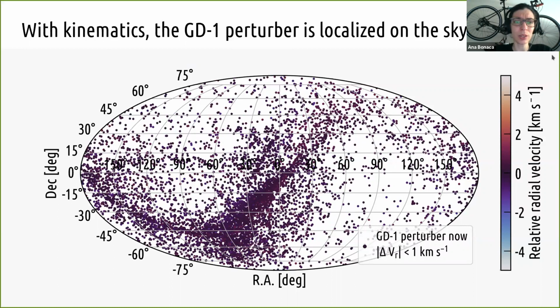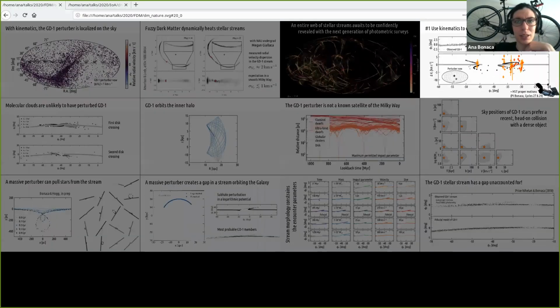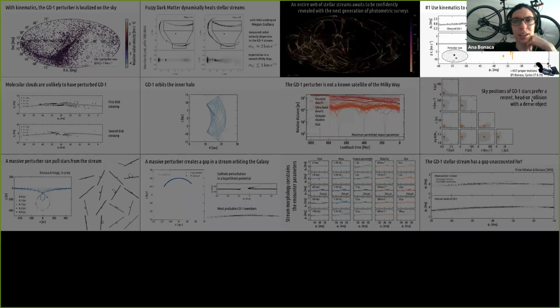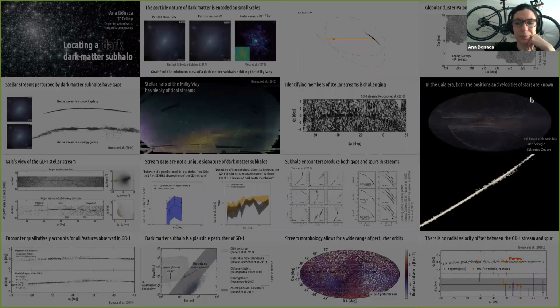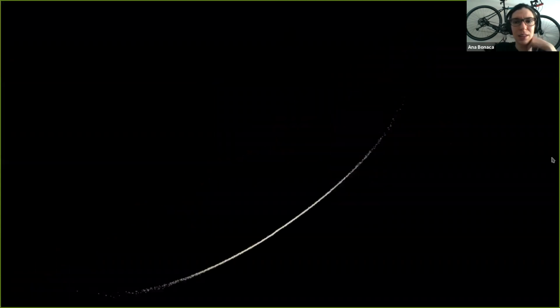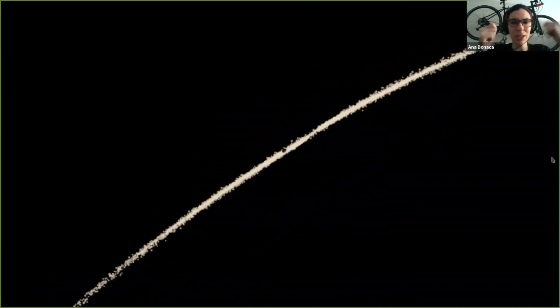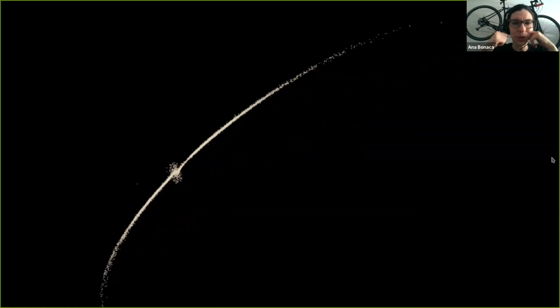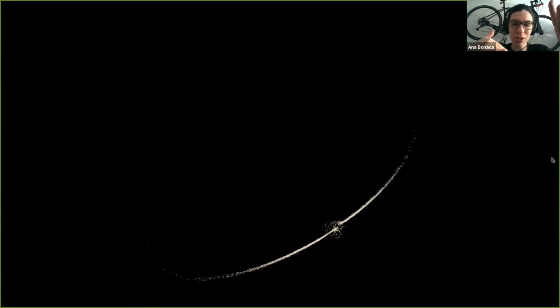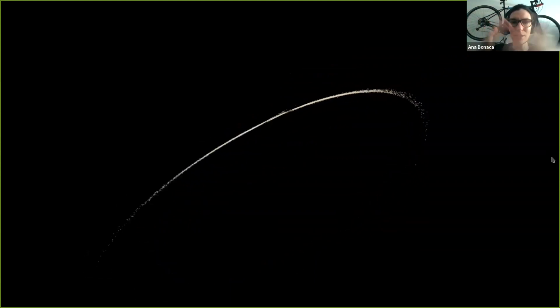As you saw in the movie, after the encounter, I can play it again, the stars that are pulled out of the stream are precessing around the orbit. So at this location, it looks like the spur is pointing one way, or like there are two spurs, and in some projection they look like they're going in different ways.